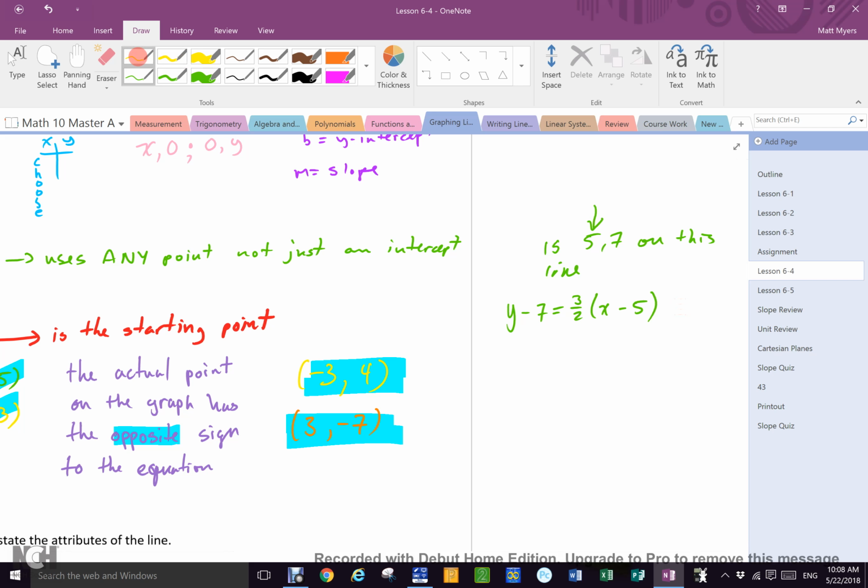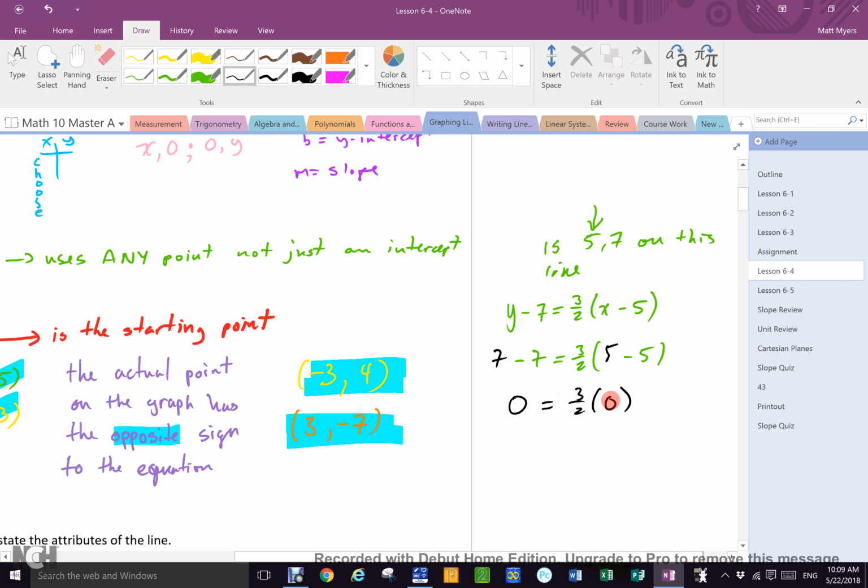For x. So I would have y minus 7 equals 3 halves times x minus 5. What would go in for the y and the x right now? 5 and 7, correct? 7 minus 7 is what? 0 equals. 5 minus 5 is what?